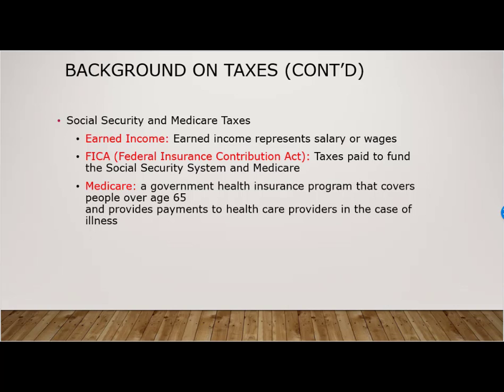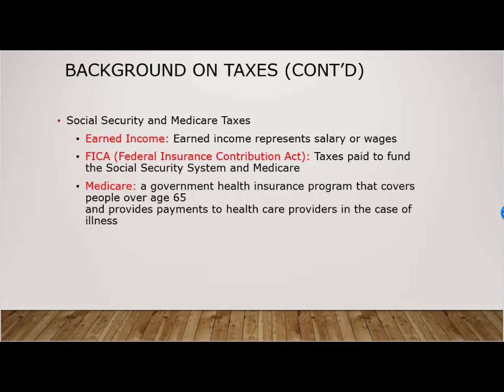So what are the other taxes? Besides income tax, we have other taxes, right? So there's earned income. Earned income, that's your salary or your wages. What about taxes though, right? FICA tax. This is the tax that's paid to the Social Security system and Medicare. And if you're not familiar, someday you will get familiar.